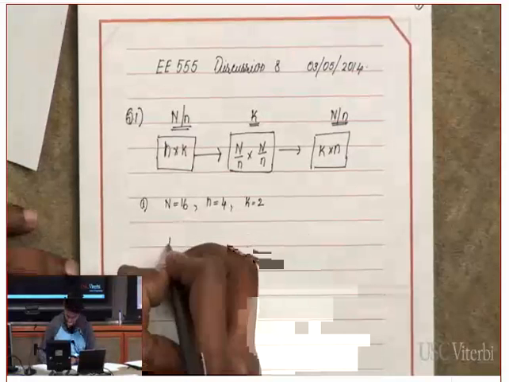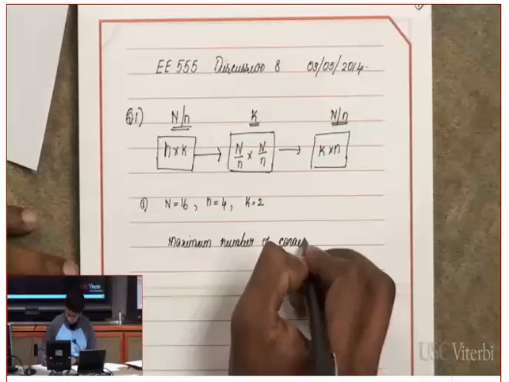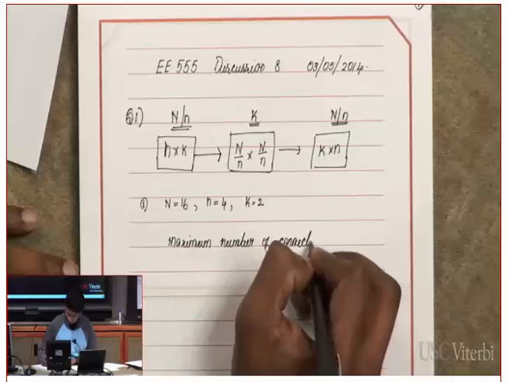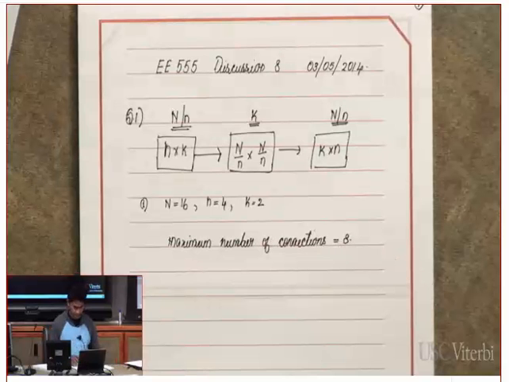Let's say you had the same parameters, but you change k to 4. How would the answer change? Now it's 16, for the entire inputs, all the inputs. So now the maximum connections would be 16.